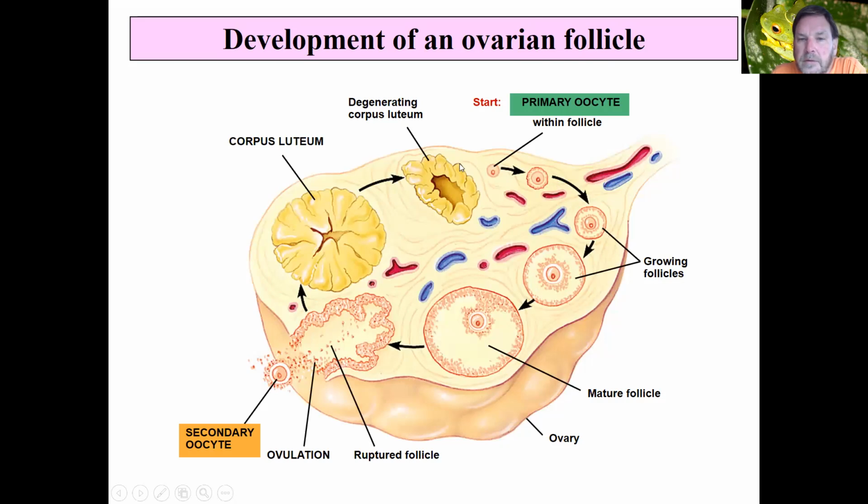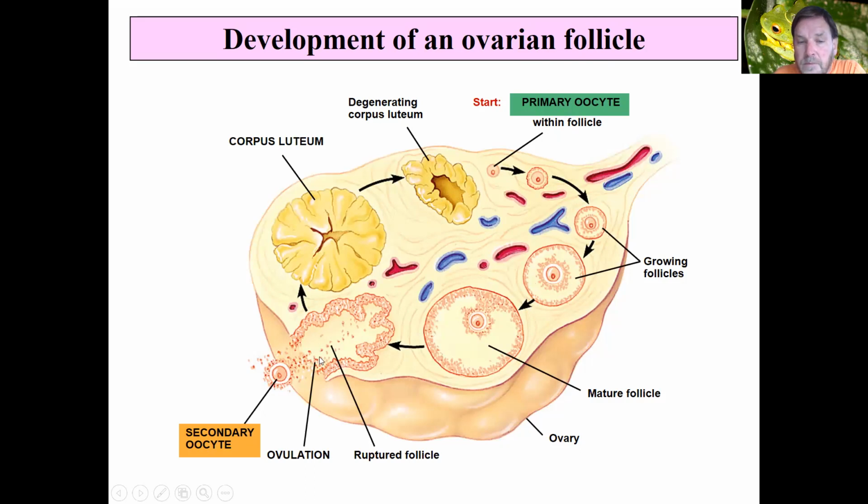The ovarian follicles are going to help support the eggs as they develop. So you start up here with a primary oocyte within the follicle. It starts to grow and mature, and then eventually ruptures and sends out a secondary oocyte, an egg.